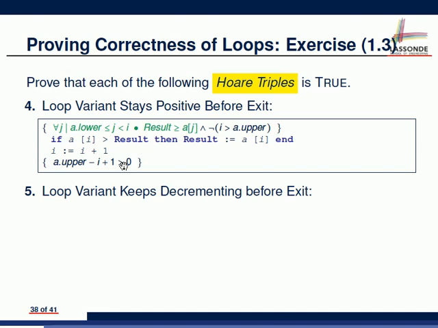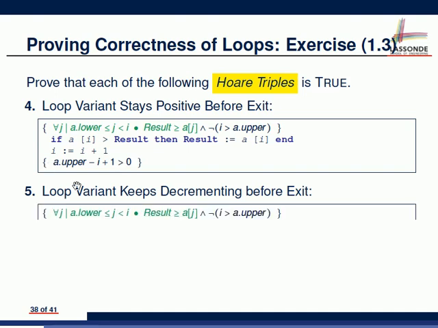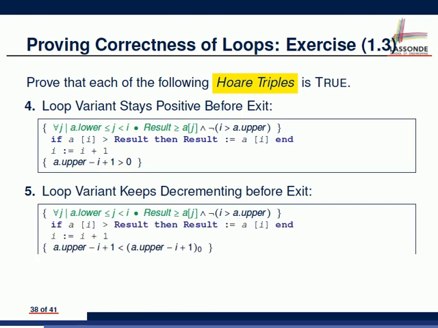Okay, how can we do that? Again, given the loop invariant and given that we are not ready to exit just yet, now execute the body of the loop. Now what we have is a.upper minus i plus 1. This one is the current evaluation. And then conceptually you can think of it as old of this expression over here, right? That's why I put 0.